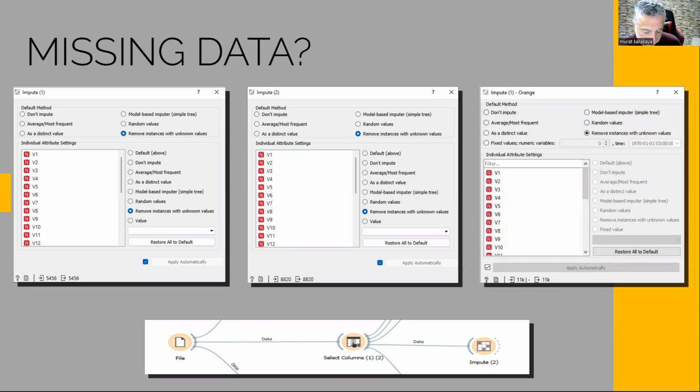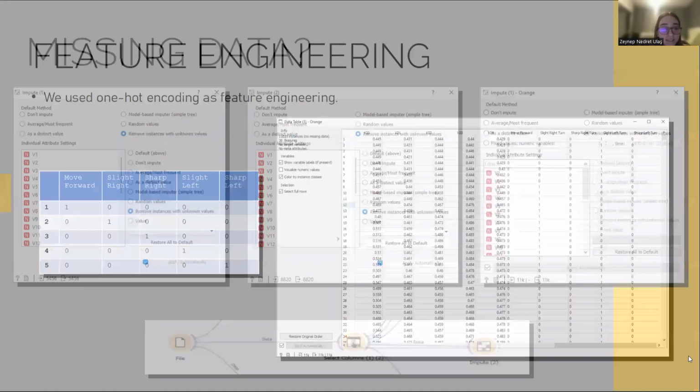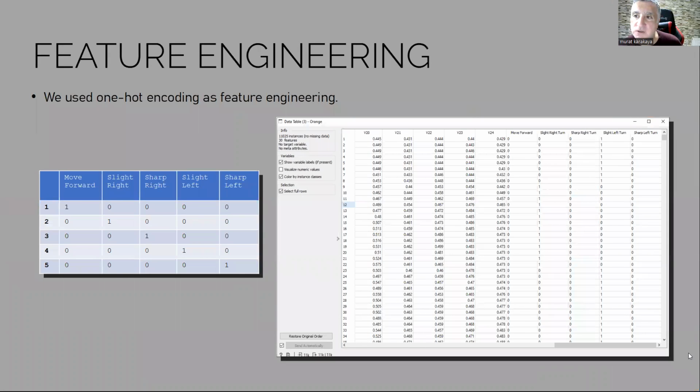Unnecessary. And you talk about one-hot encoding in the next slide, Zeynep. Which gadget in Orange did you use? It's not in Orange. Why not? I don't know.